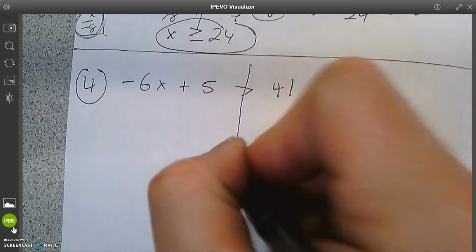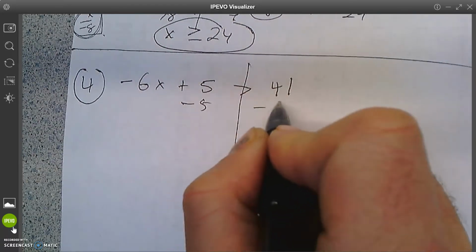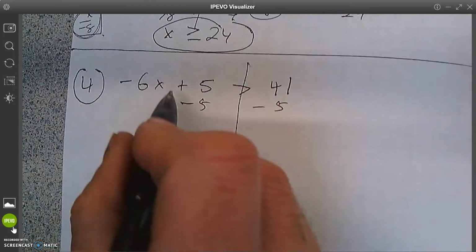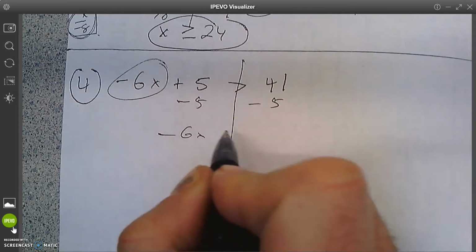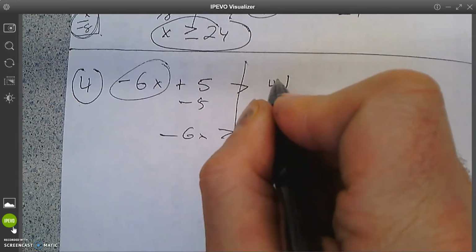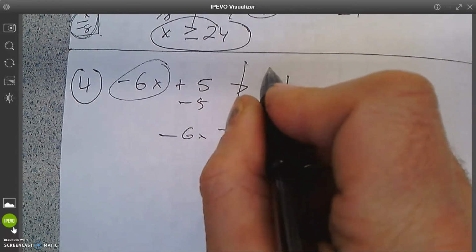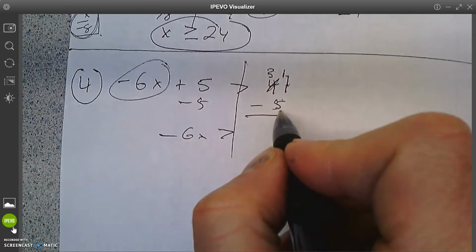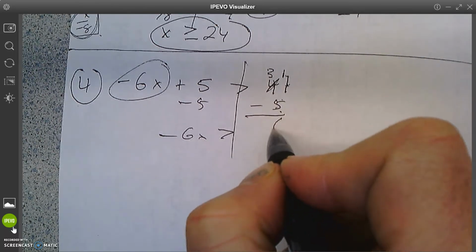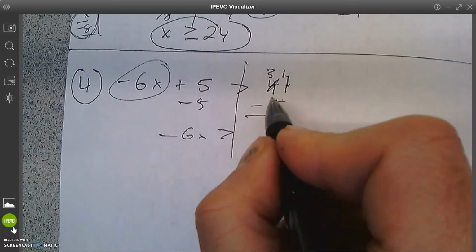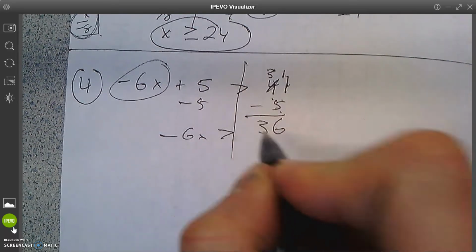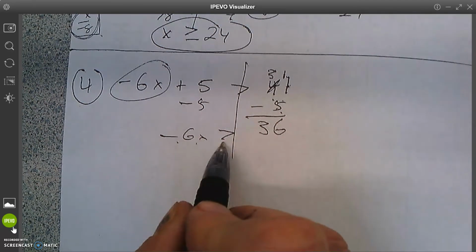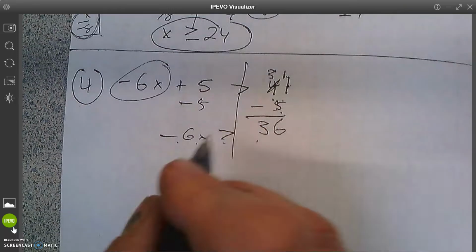All right, see what you got. Subtract 5 on both sides. Negative 6x is still here. Oh! Can't subtract 1 from 5, so let's take a 10 and put it here. Make that 1 and 11. 11 minus 5 is 6. 3 minus 0 is 3. So negative 6x is greater than 36.